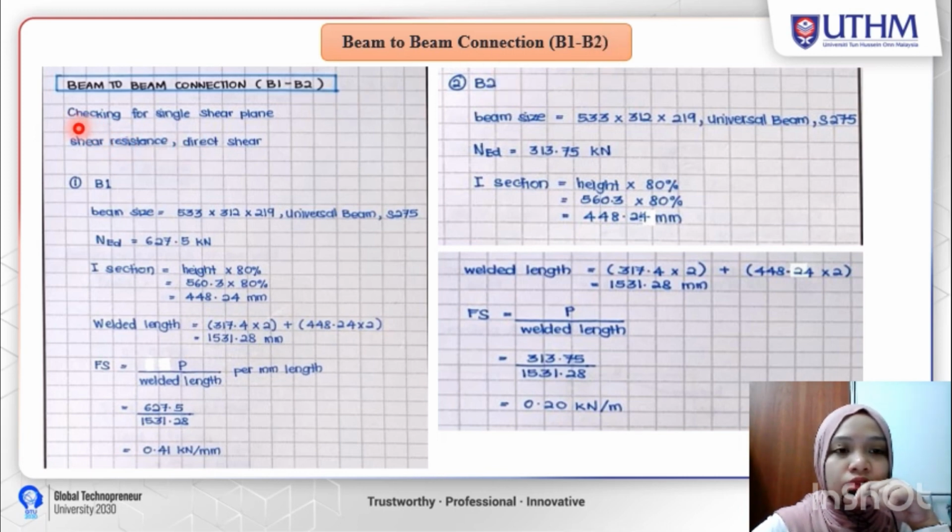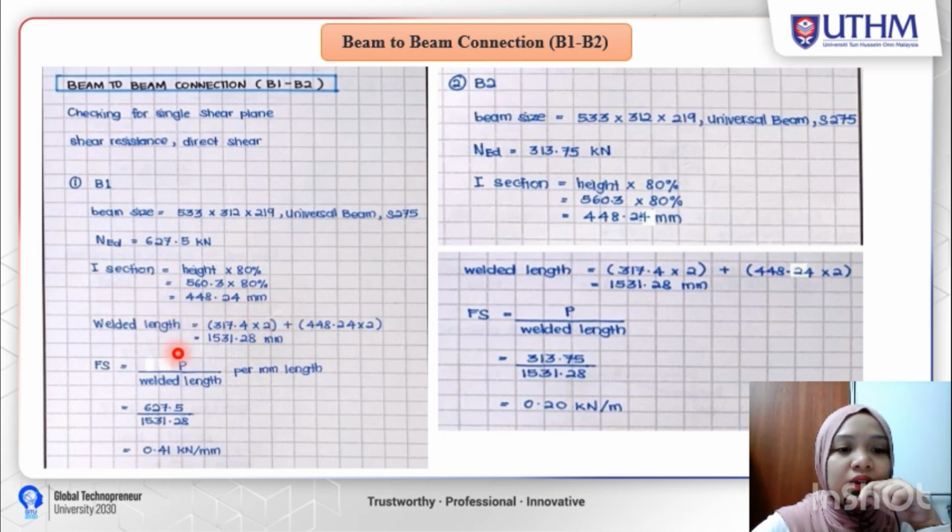First of all, we need to check for single shear plane, and for the beam size that we assume is 533 by 312 by 219 universal beam and steel grade 275. If you want to calculate the I section, the formula would be the height of the beam times 80%, and the answer that we will get will be 448.24 millimeter.